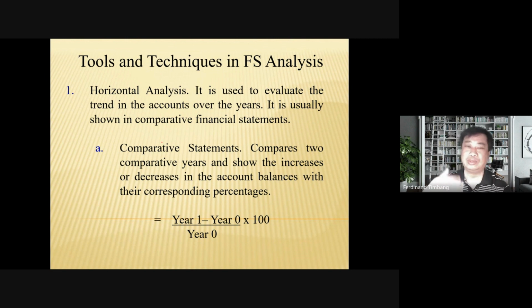Pero sa akin, when I conducted my research and did my book about financial management, dalawa lang talaga yung nakikita ko: horizontal analysis, and then vertical analysis, under of which is really the financial ratio.